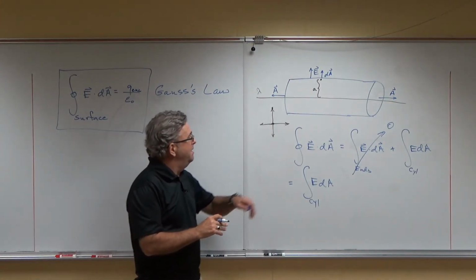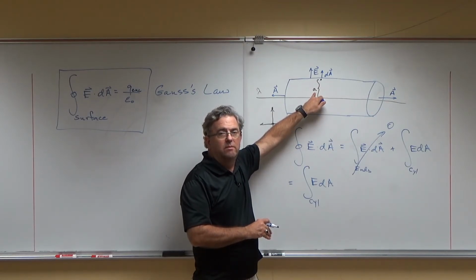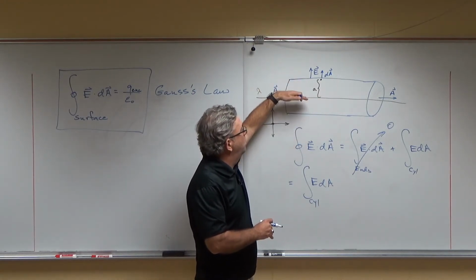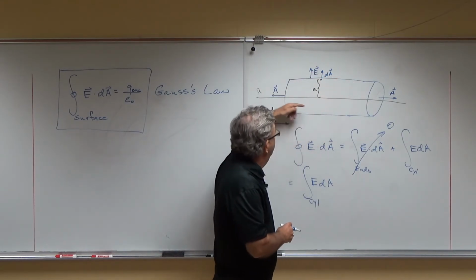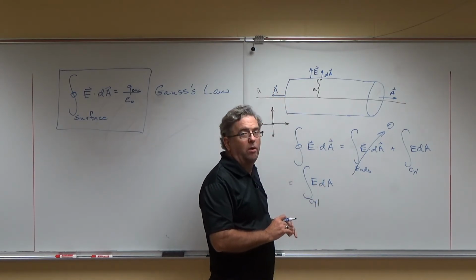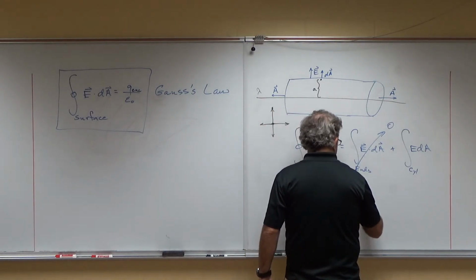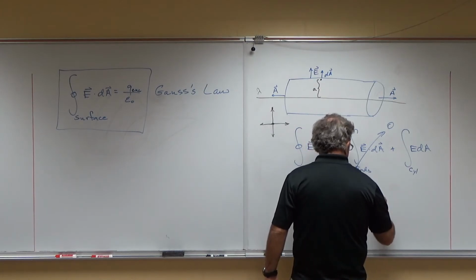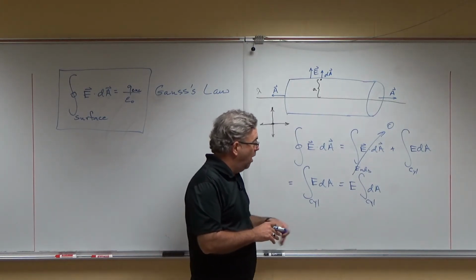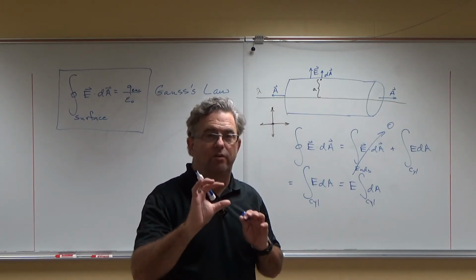I claim at this distance A, the electric field is a constant. I'm not getting farther away from the charge distribution or closer. I'm at a constant distance, and because of this cylindrical symmetry, that is a constant all along that cylinder. So I'll pull that out of the integral. I get E times the integral over the cylinder of dA. Well, this says sum up the area of the cylindrical part.